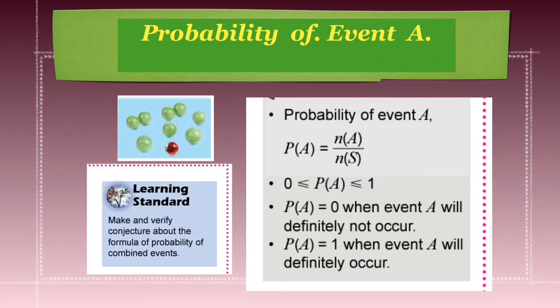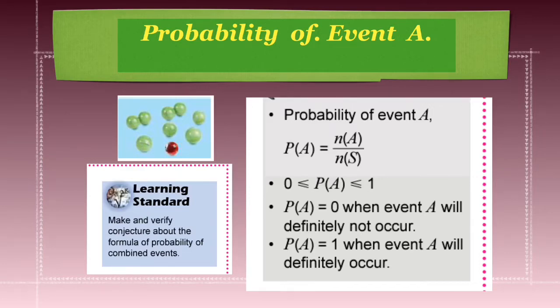Probability of event A is equal to number of event A divided by number of sample space. And the probability value is between 0 and 1, inclusive of 0 and 1. So the minimum is 0, the maximum is 1.